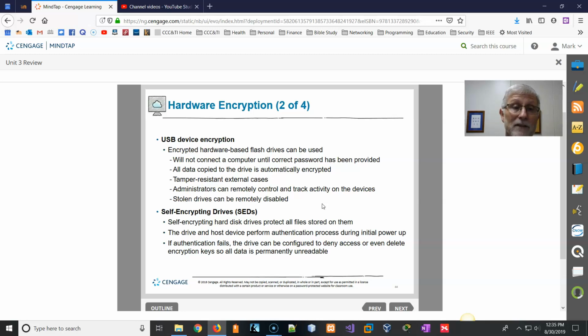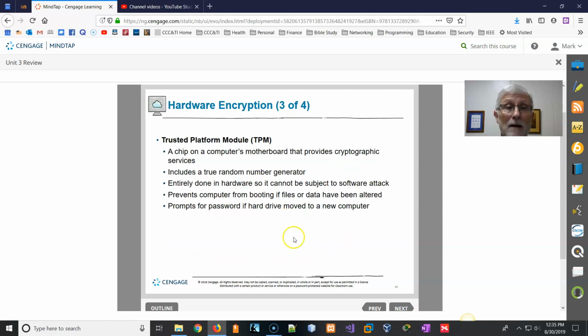And then you have self-encrypting drives, which encrypt hard drives to protect all files stored on them. Those are just two of the ways it can be done. Now, the Trusted Platform Module is a chip on the motherboard that provides these services. It includes a true random number generator done entirely in hardware, so it's not subject to any software attack.